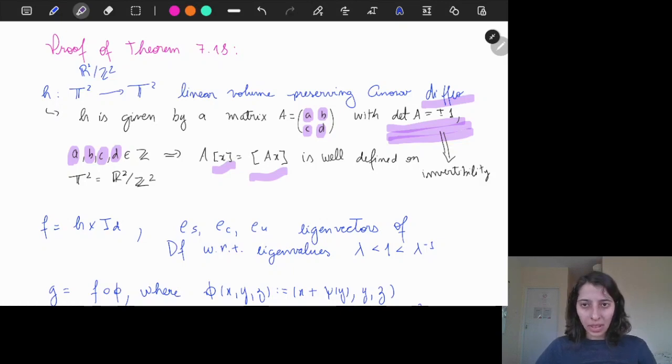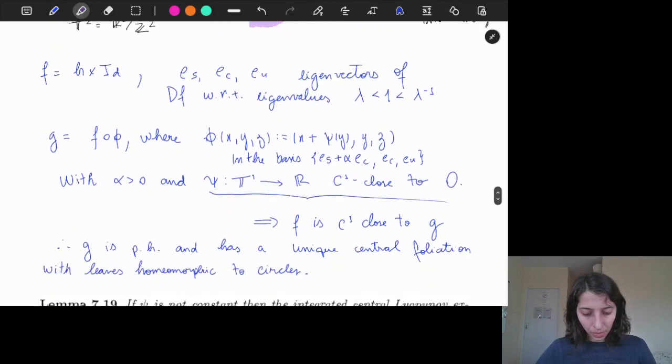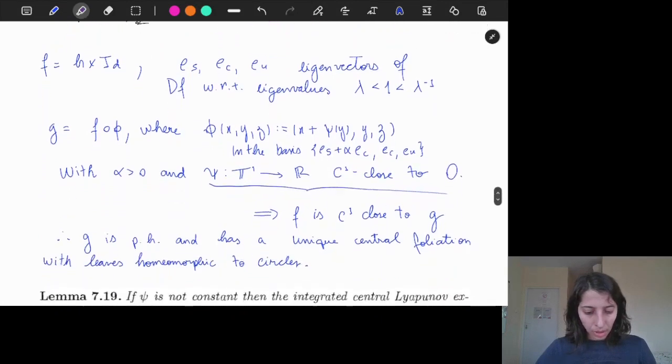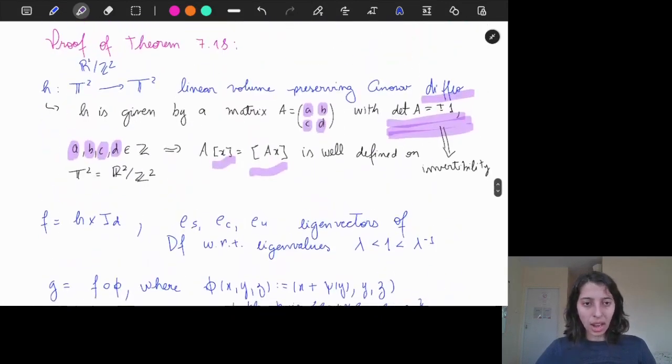Okay, then this is an Anosov linear map on the torus. And it has an eigenvalue of absolute value greater than 1 and another one with absolute value smaller than 1. One of them is a direction with uniform expansion, and the other has an eigenspace associated that is a direction with uniform contraction.